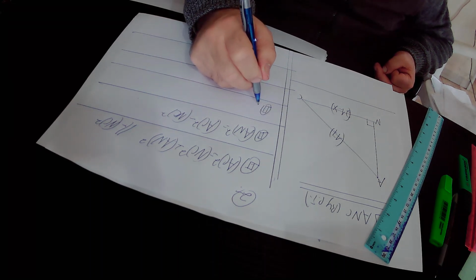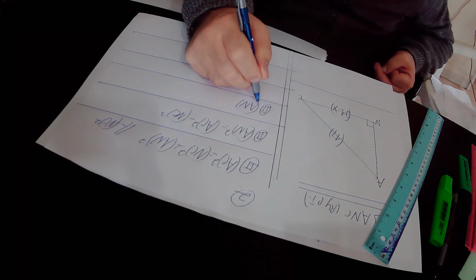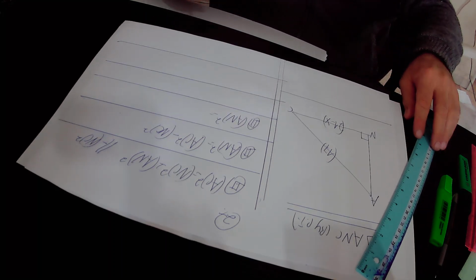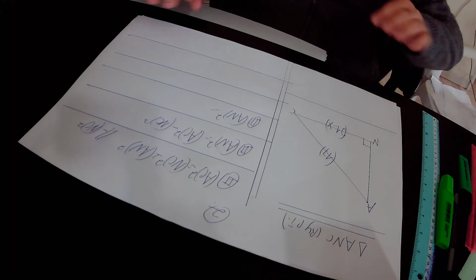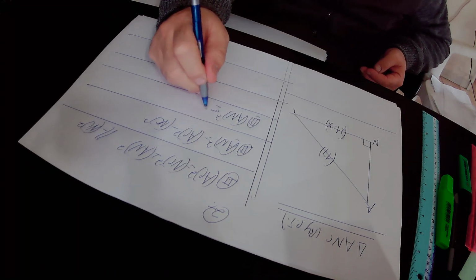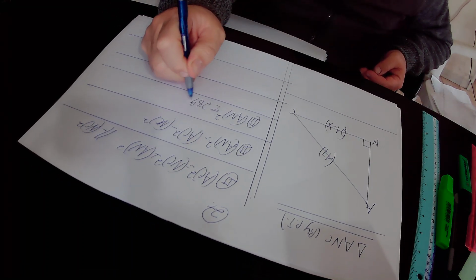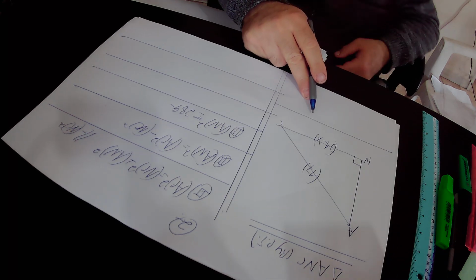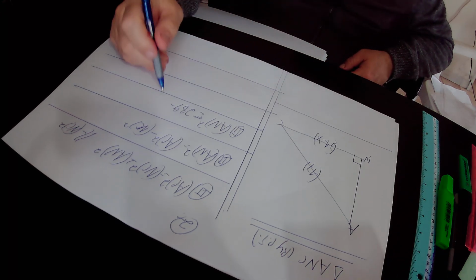So AN squared equals AC squared. AC is 17, therefore AC squared is 17 squared, that is 289. Minus NC squared. NC is 21 minus x, therefore NC squared is (21 minus x) squared.